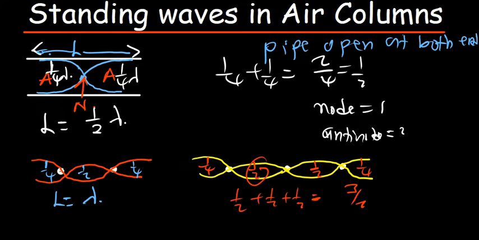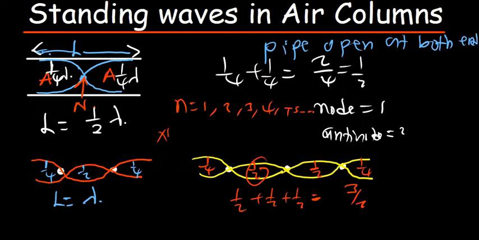So you discover that the only difference with the normal standing wave is the node and the antinode, but we'll still have the same. So we'll still have n equal to 1, 2, 3, 4, 5. They'll keep on going. So now in this case, if the pipe is open at both ends, we'll still have the same. We'll have node equal to 1, antinode equal to what? So the formula is going to change.